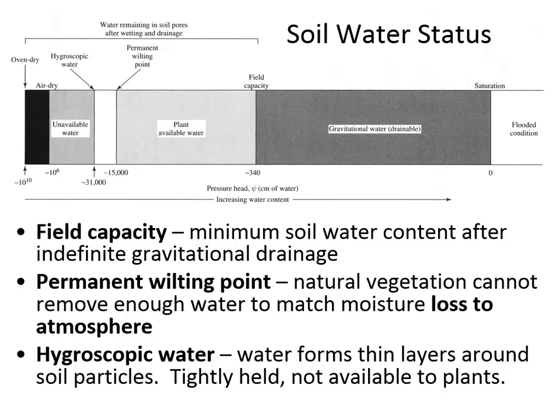And you can see the range of moisture loss, and the field capacity is the amount of water that is in there that can be removed just from gravitational draining.